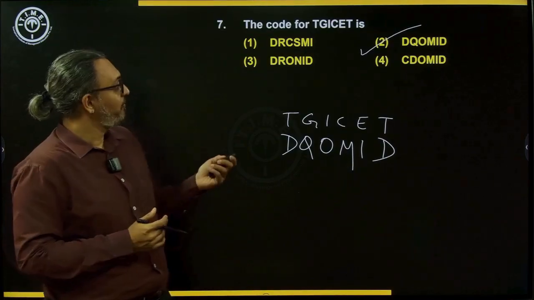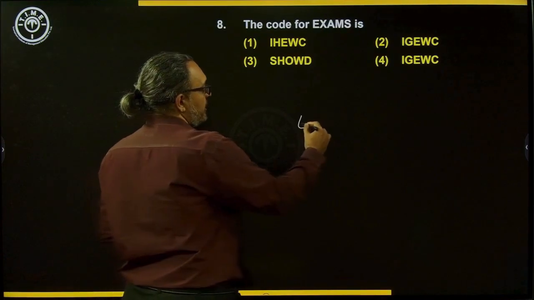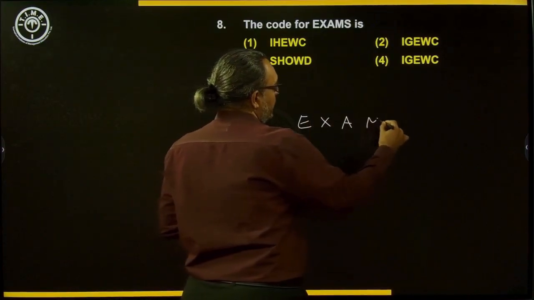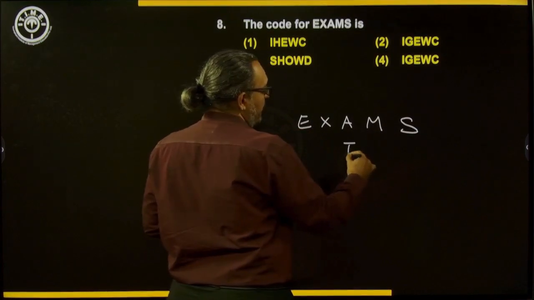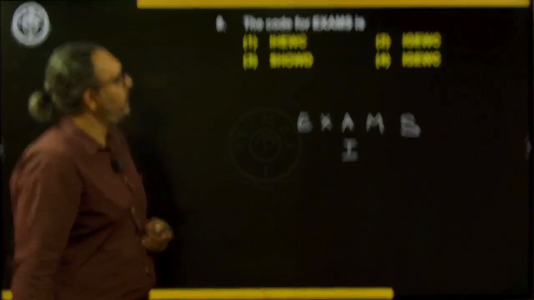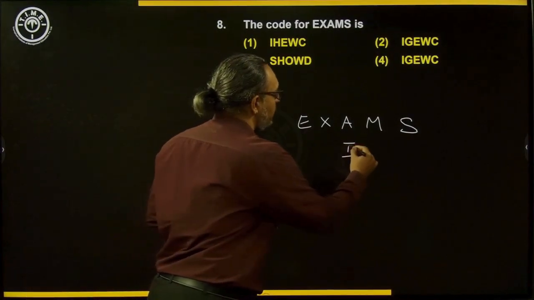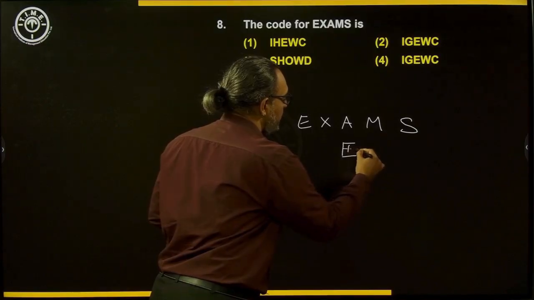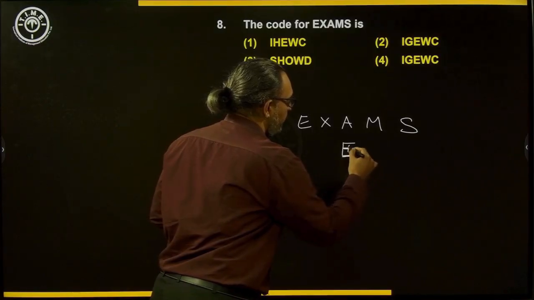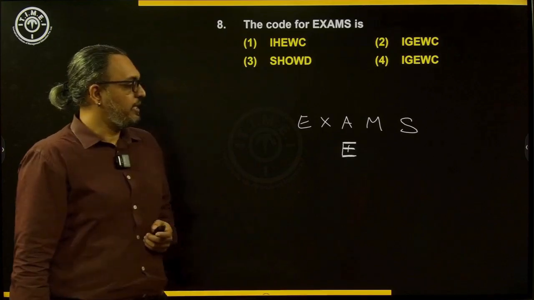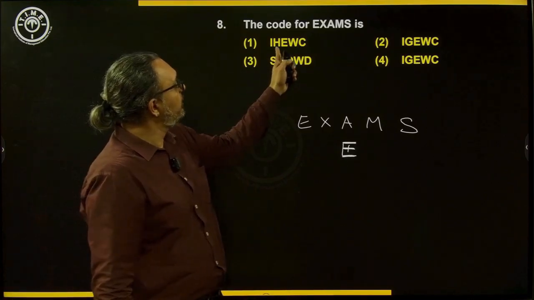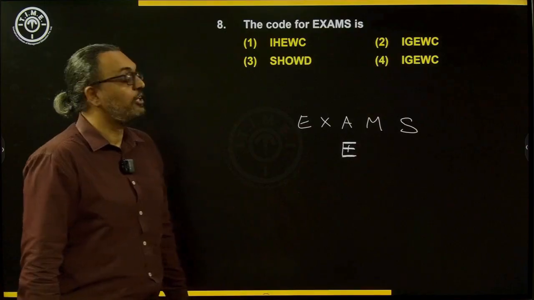Understood? Okay, next we have EXAMS. So A you have is E, my bad. A is E. So E is available here, here and here, 1, 2 and 4.